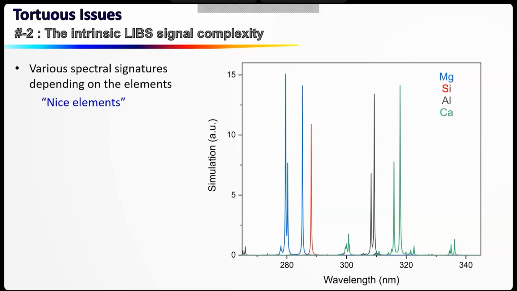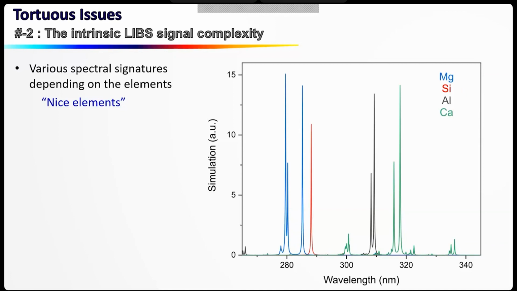Second point, we are working with emission spectroscopy, so we have to deal with it. In emission spectroscopy, there are good atoms, very good ones, like magnesium, silicon, aluminum, calcium. There are others, but they are good. Why are they good? Because you have well isolated, strong lines, perfect.